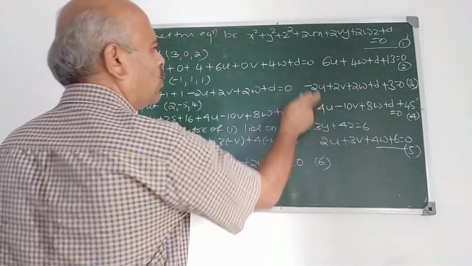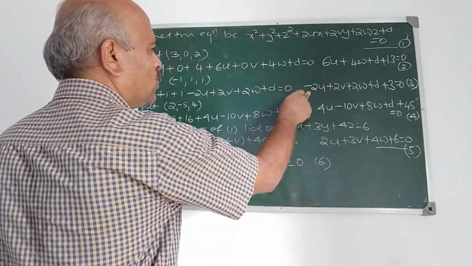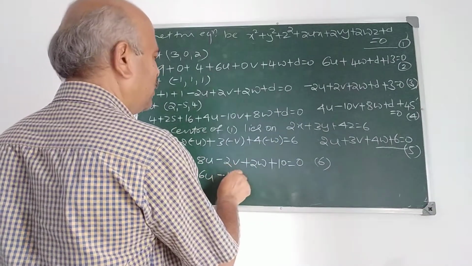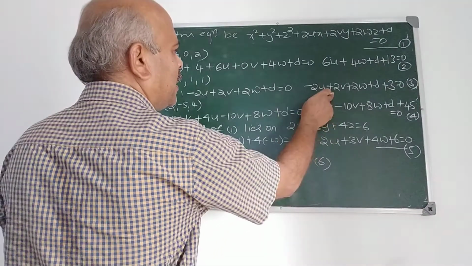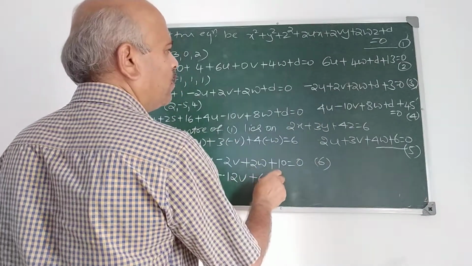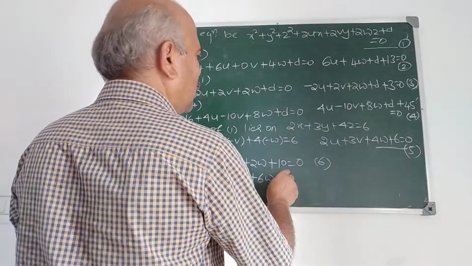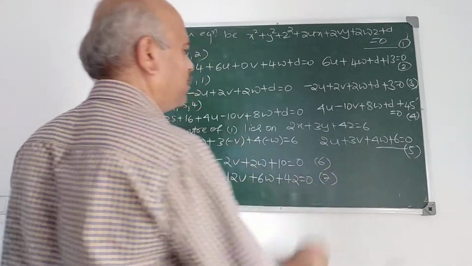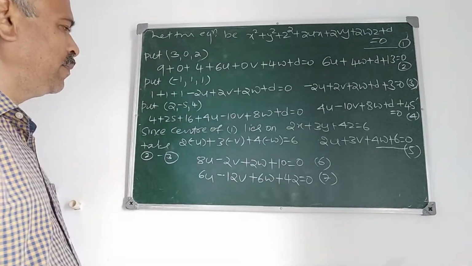I take 4 minus 2. 6u minus 12v plus 6w plus 42 is equal to 0. This is 7.